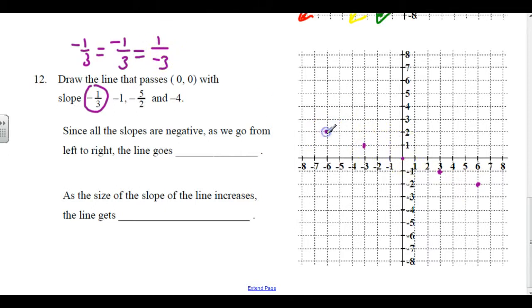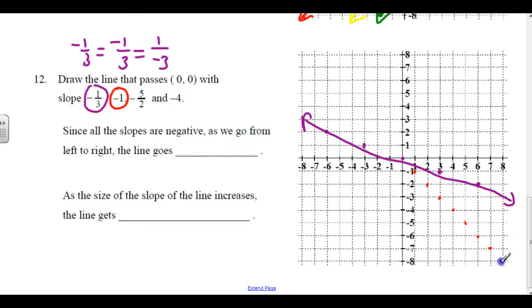Up 1, left 3. Now we can draw this line as best we can. I can be forgiving as long as I see the points are correct. But you can use the edge of your battery case. So slope of -1, go down 1, right 1, down 1, right 1.